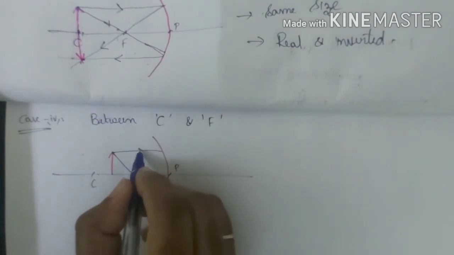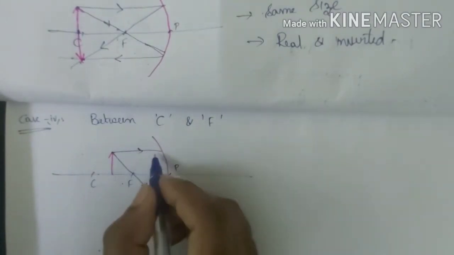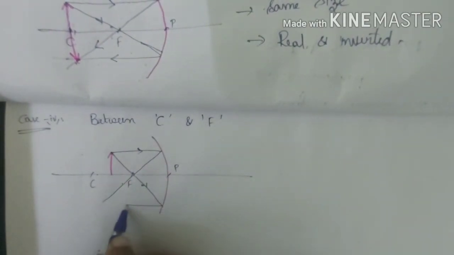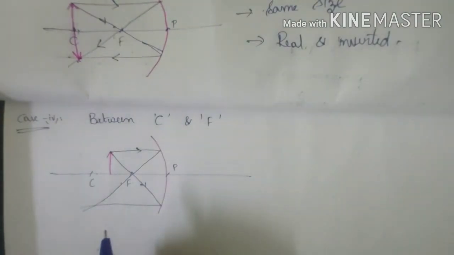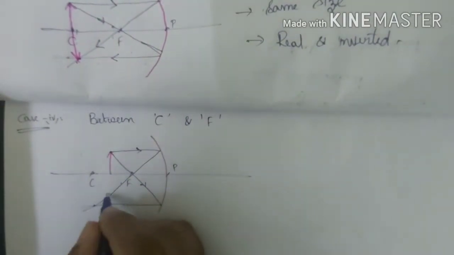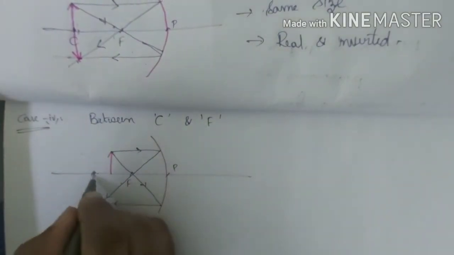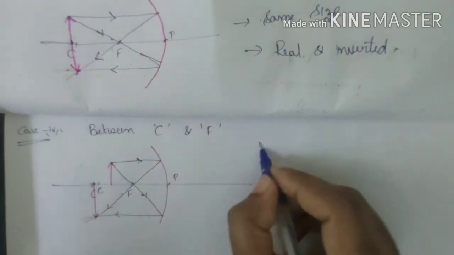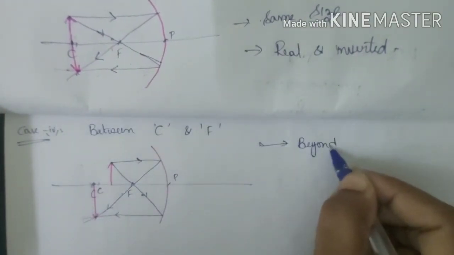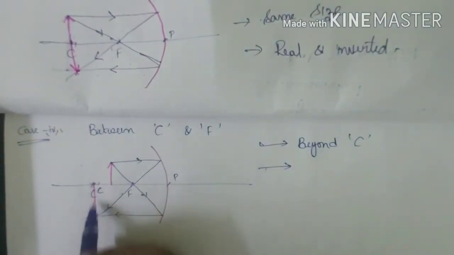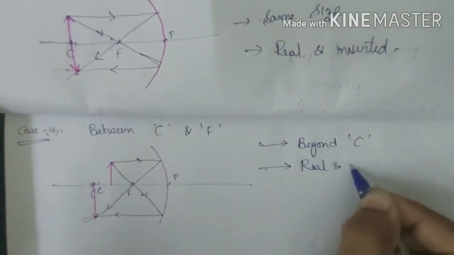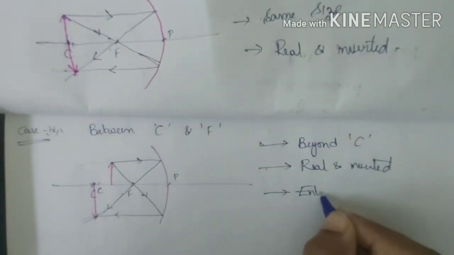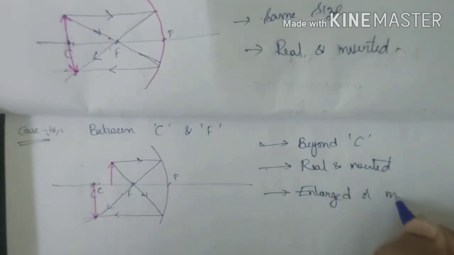The ray parallel to principal axis goes over here, whereas the one through focus will be here, which means these two rays will be meeting at this point. So it will be beyond C. The image is formed beyond C. So here it is again real and inverted, but see the image size: enlarged or magnified.